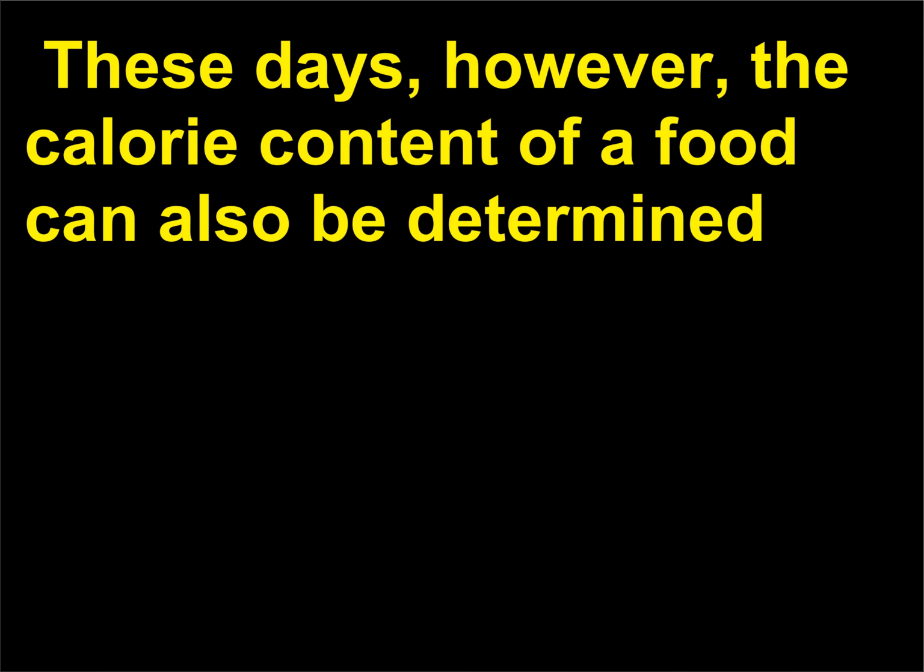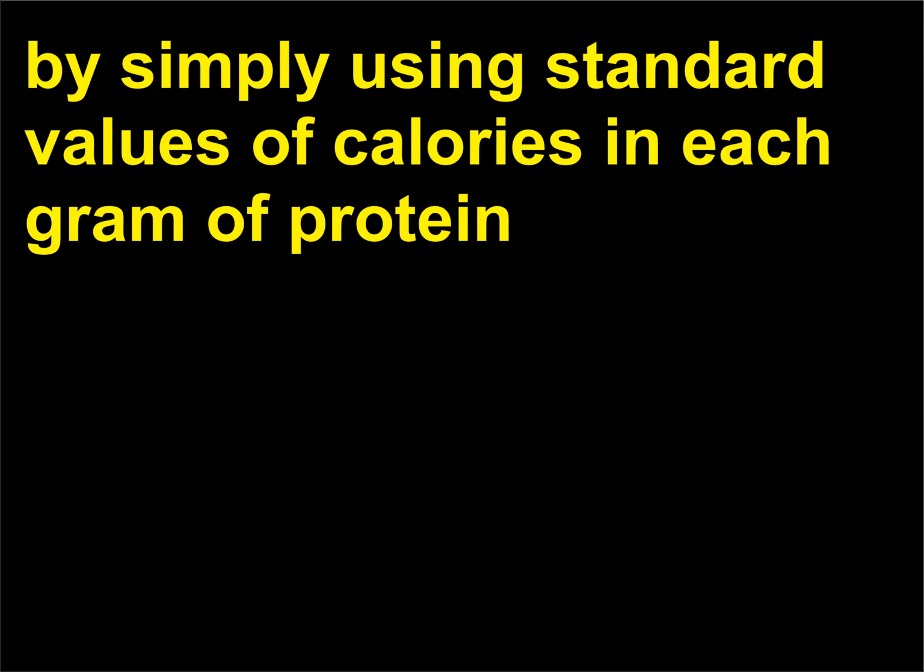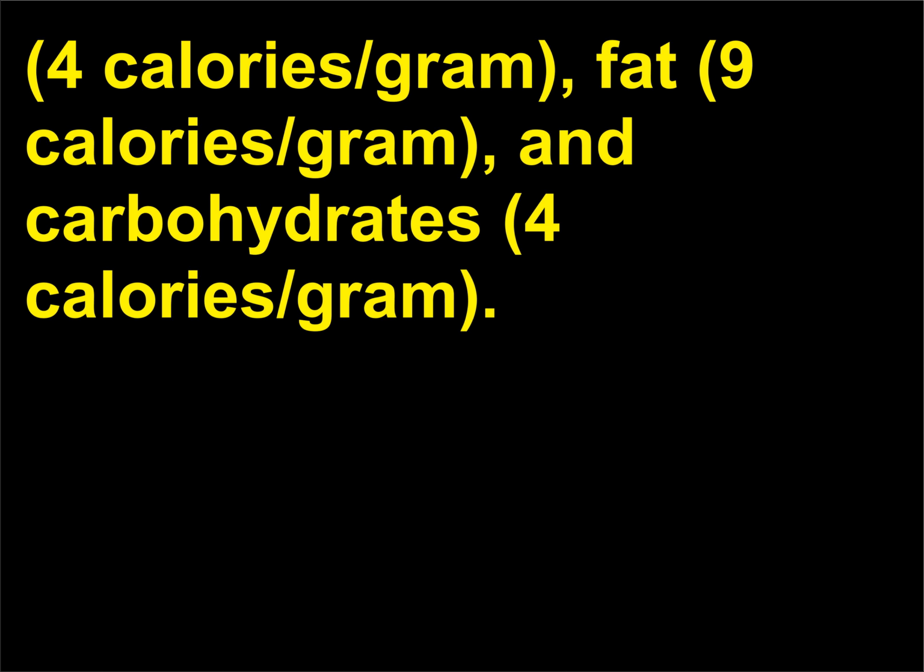These days, however, the calorie content of a food can also be determined by simply using standard values of calories in each gram of protein: 4 calories/gram, fat: 9 calories/gram, and carbohydrates: 4 calories/gram.